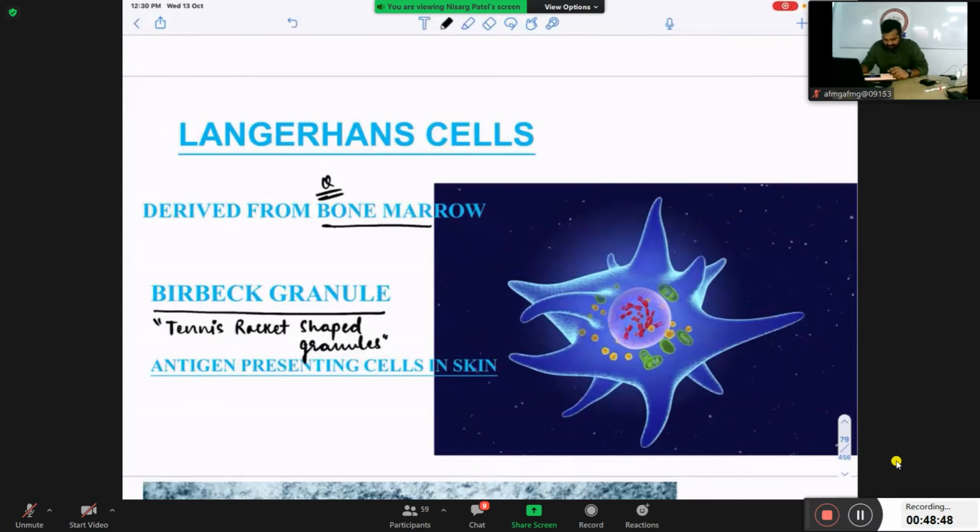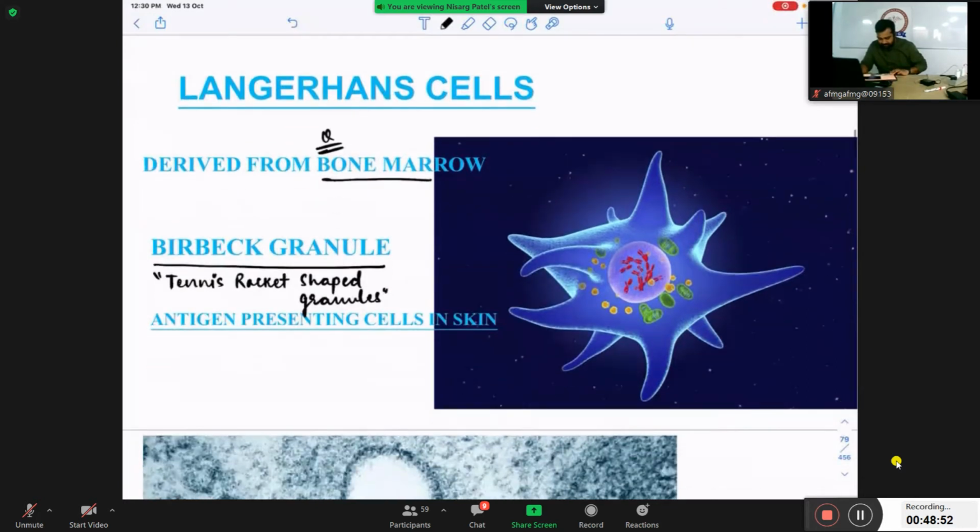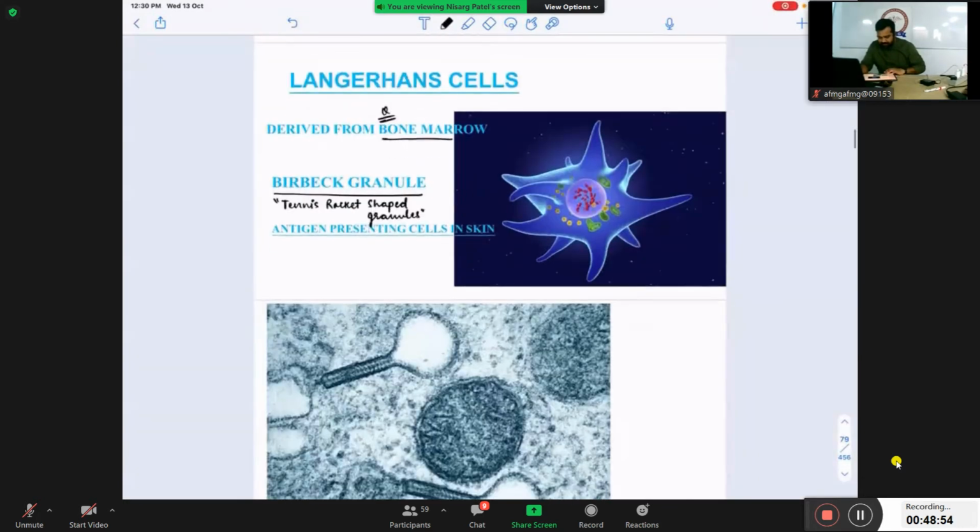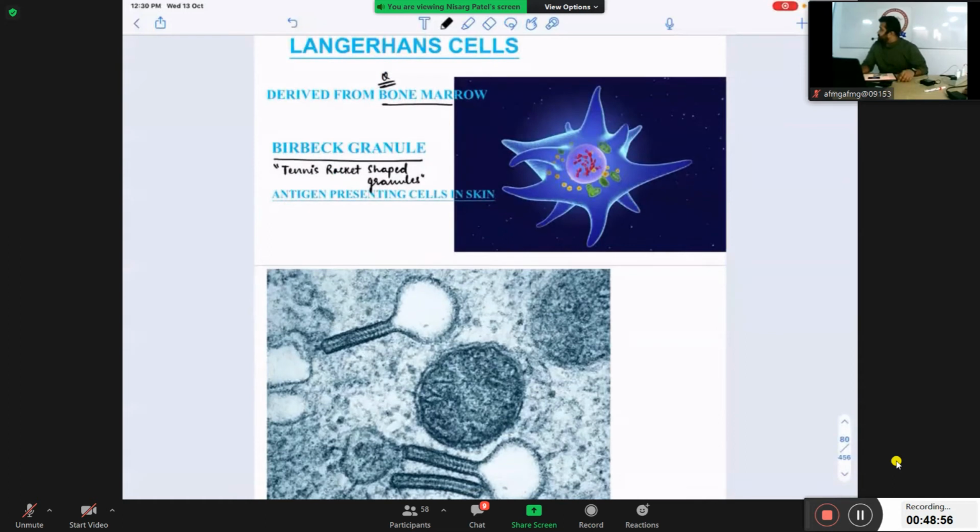These are the antigen presenting cells in the skin. So see this, these are the tennis racket shaped granules.